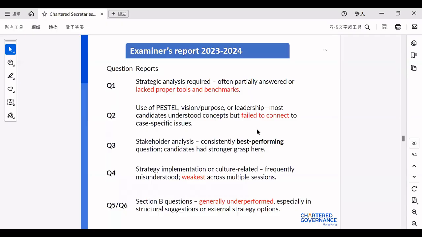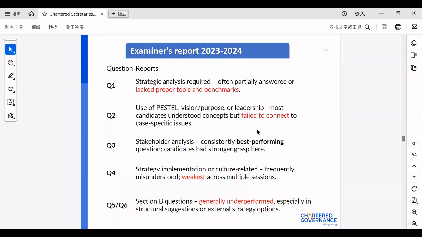Everyone knows there is a social environment and an economic environment, but what is the economic environment in your case? What is the social issue in your facts? You have not identified it properly and cannot pick up the hints from the facts of the question.